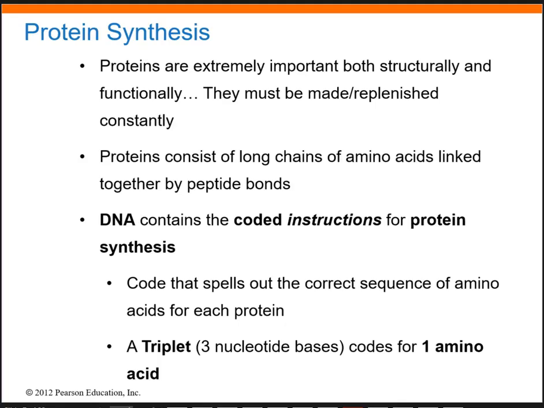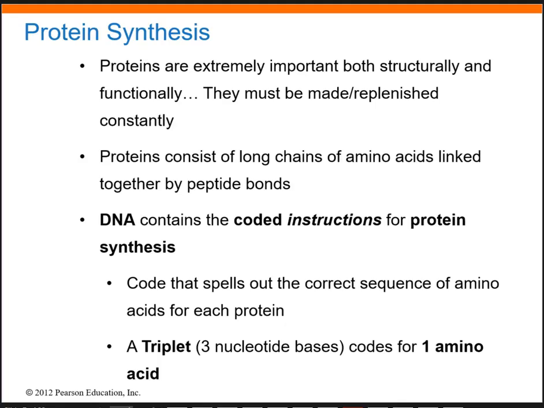Okay, so there are two key processes that we're going to talk about to finish up this chapter: protein synthesis and cell division. We've mentioned protein synthesis a few times throughout chapters 2 and 3, but we're just going to bring it all together now. Proteins are extremely important in the body, both structurally, like collagen and keratin, which form a lot of our strong structure, and also functionally, like hemoglobin that carries oxygen through our bloodstream.